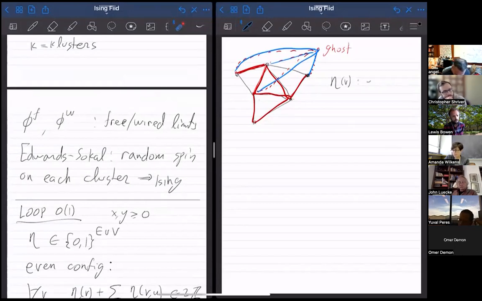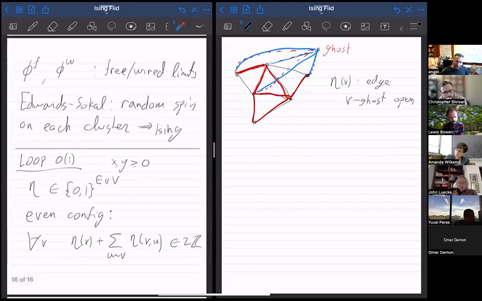So this edge from v to the ghost is open. And now you just ask for this to be an Eulerian graph, so every vertex has even degree. So that's the Loop O(1) model.